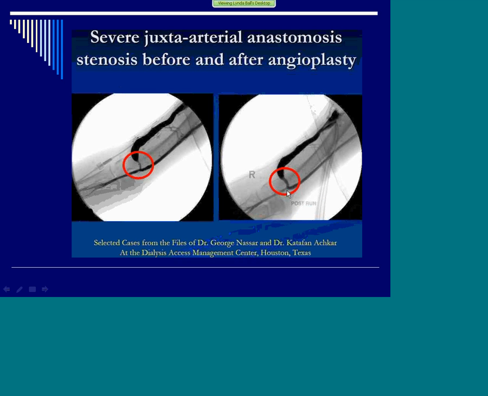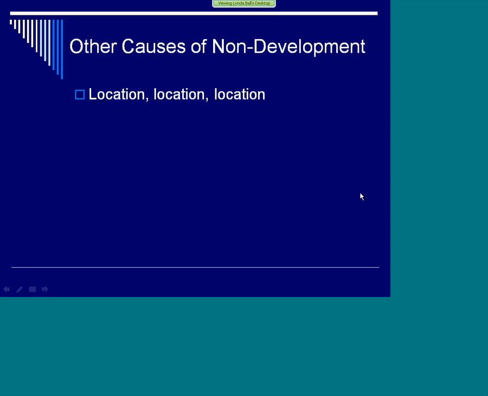What are some of the other causes of non-development? Well, it's all about location, location, location. You need to have appropriate heart function to be able to deliver that high flow of blood. So if somebody's got a low ejection fraction or their heart has been damaged so that they can't squeeze and forcefully send the blood throughout the bloodstream, then forearm fistulas at the wrist are not going to develop very well, because there's not going to be enough pressure.